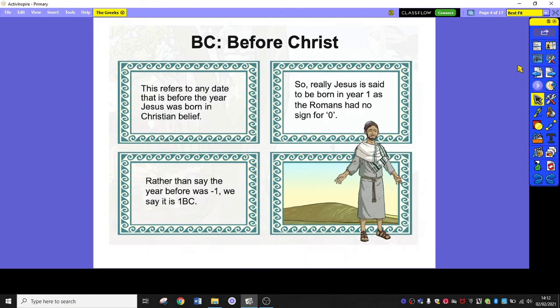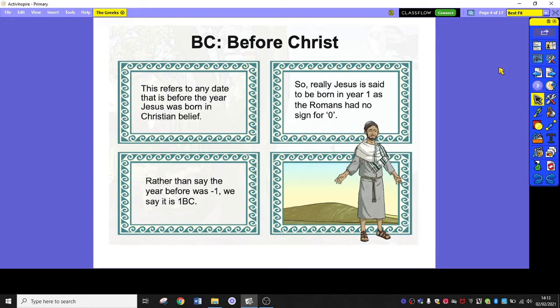So when you look at a date, you might notice that sometimes there's 2 little letters after the date, and it's really important that we understand what this means. Sometimes you will see the letters BC, and BC in the modern day calendar stands for before Christ.